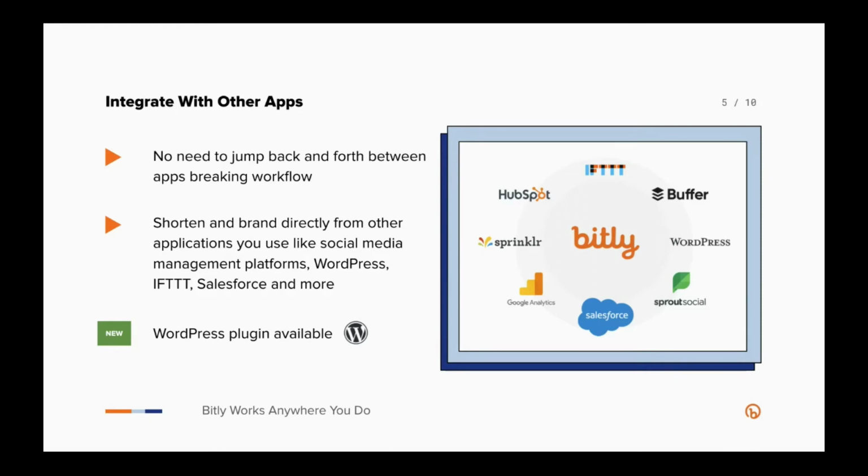I don't know off the top of my head what the integration would look like to do that, but it is possible with all different kinds of integrations to create custom back halves on your bit.ly links. That can be either through a direct API call, through our programmatic API, or with some of our partner integrations, we also allow for customization. So for Zapier, it depends on how you're using it.